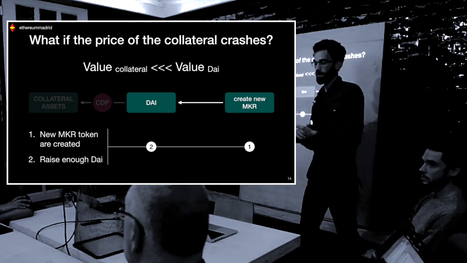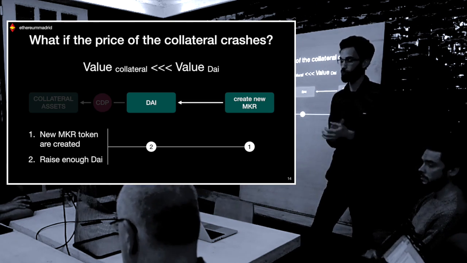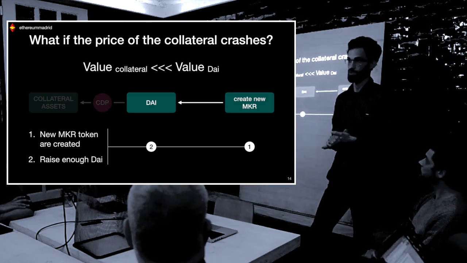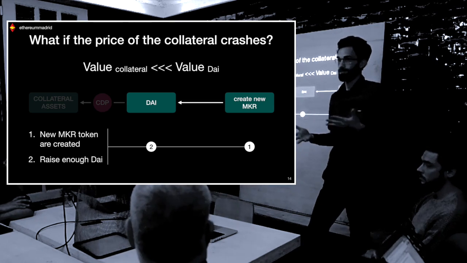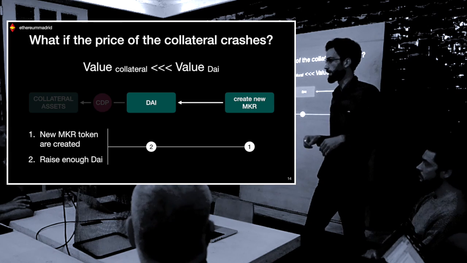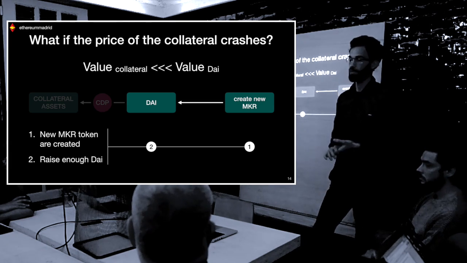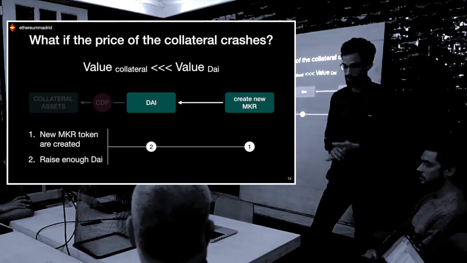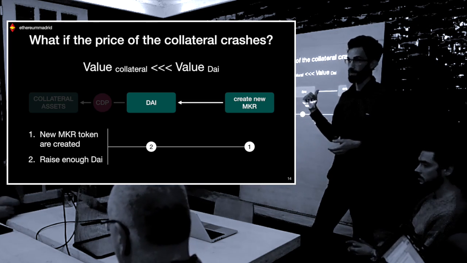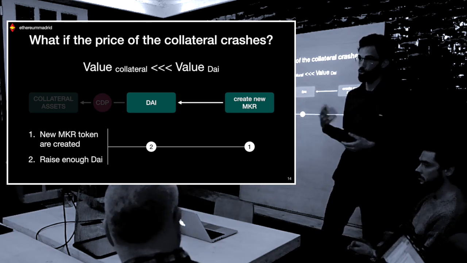What basically needs to be done is remove DAI from circulation as quickly as possible. But we cannot do that like, I take your DAI and I take your DAI. No. It has to be done in a decentralized fashion. This is what Dennis was about to explain, and this will be done by creating new MKR.